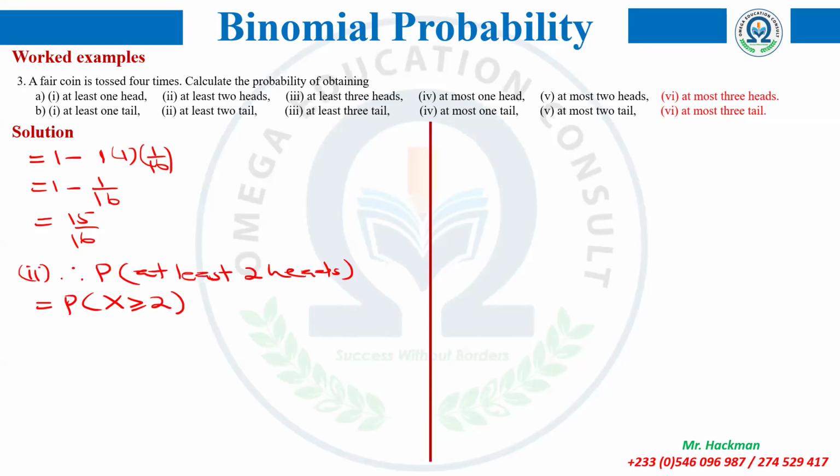Now we want to see which direction will be ideal. So I will have 1, 2, 3, 4, then 0, my H. Now if I'm looking at greater than or equal to 2, then it means I'm looking at 2, 3, 4, am I right?